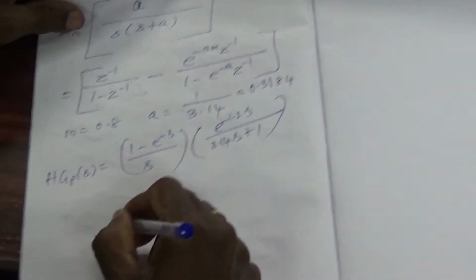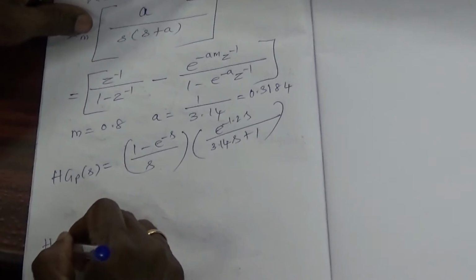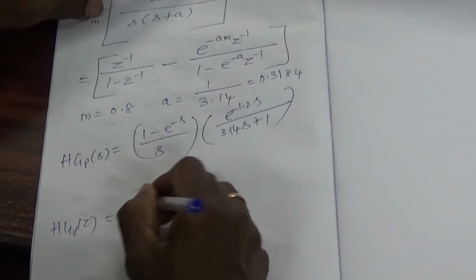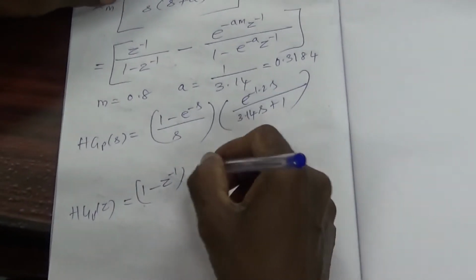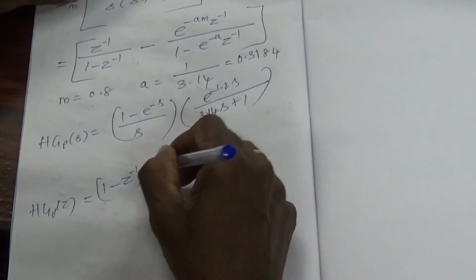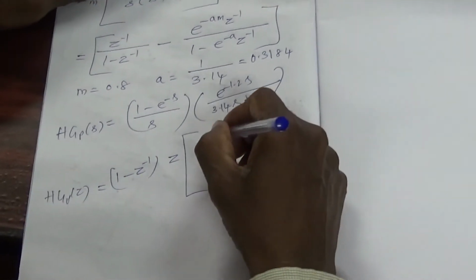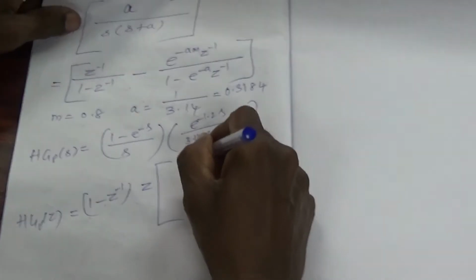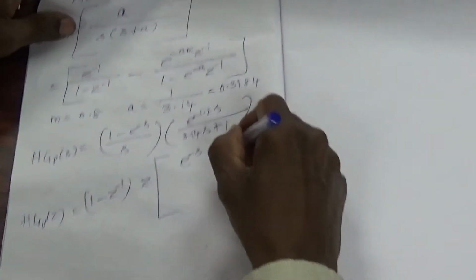This can be written as H gp of z equals 1 minus z power minus 1 times the z transform of e power minus s, e power minus 0.2 s.